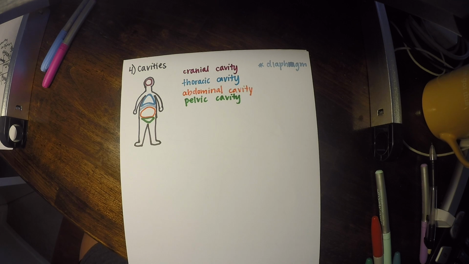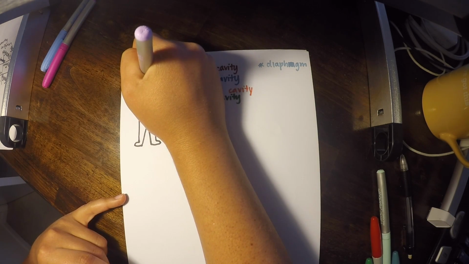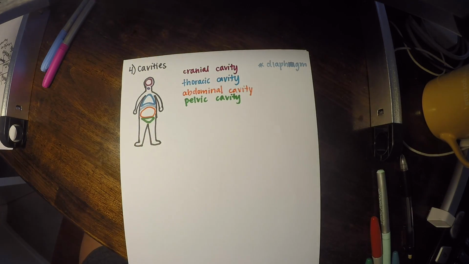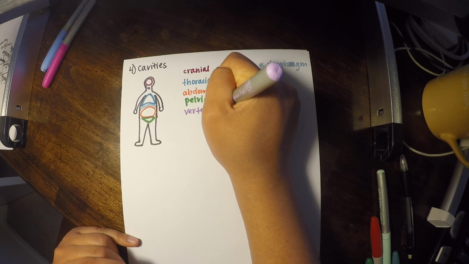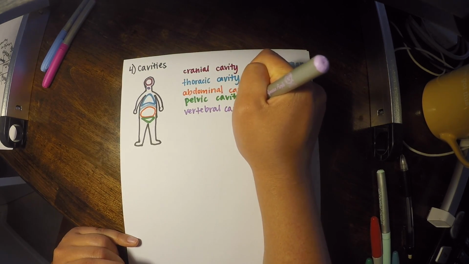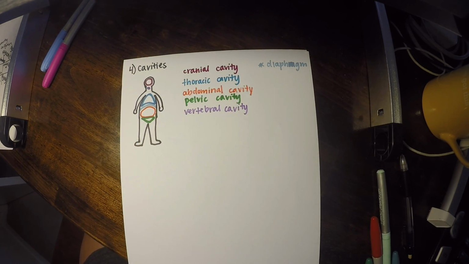And then we're also going to have something called a vertebral cavity, which you can see here, but I'm going to draw it in a different view for you as well. So that's our vertebral cavity. In that different view, I'm going to draw one of our spine bones, which we're going to go into a lot more detail about later.